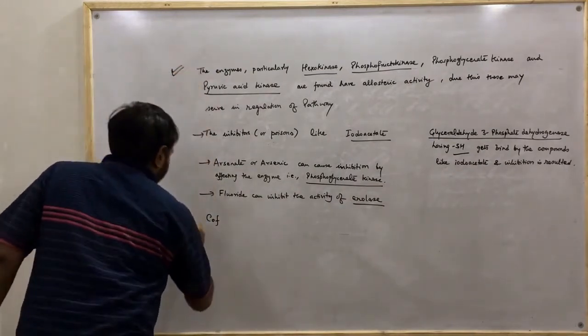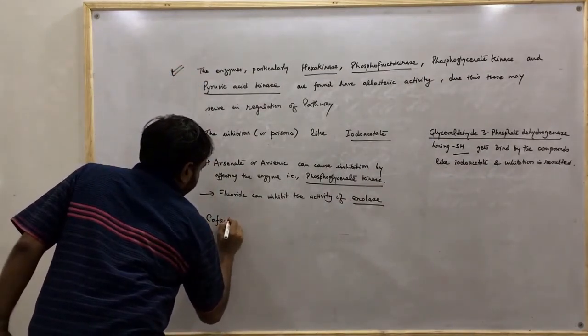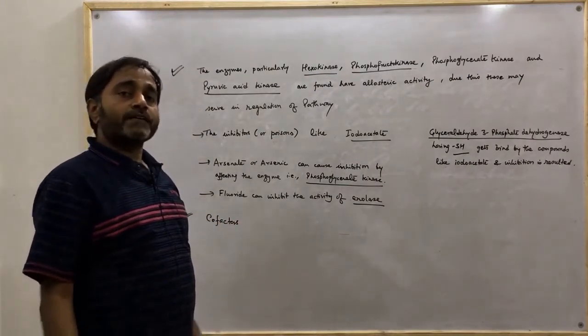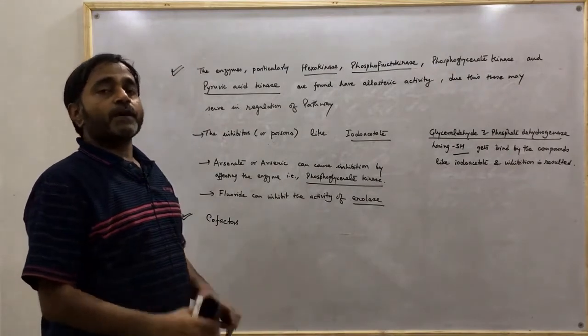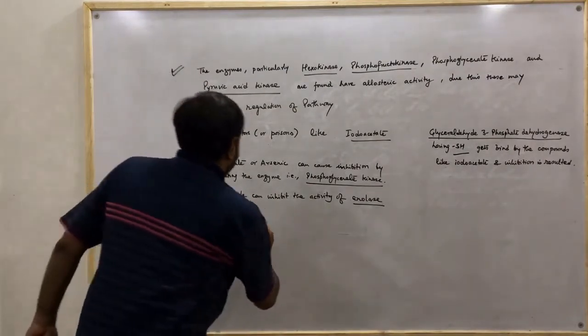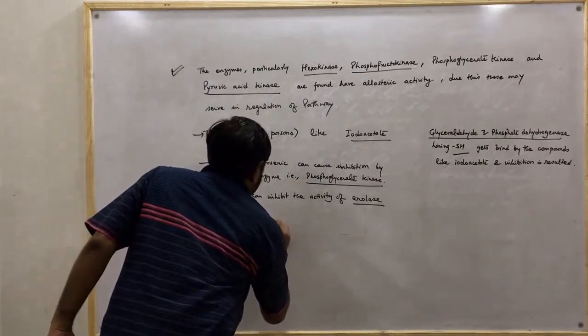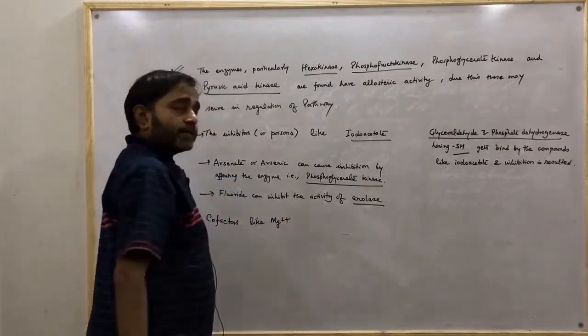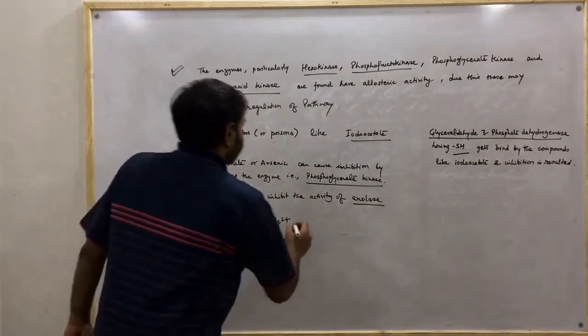So this is one point. Another one is cofactors. The presence of a cofactor is necessary for the proper activity of the enzyme. An important cofactor is magnesium, which is required for the activity of kinases.